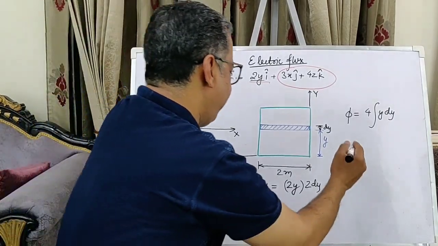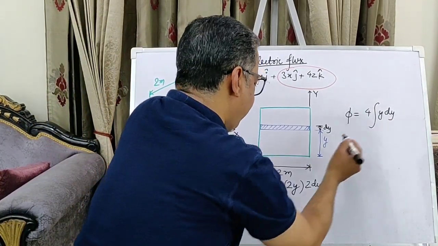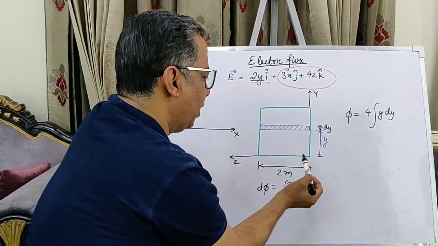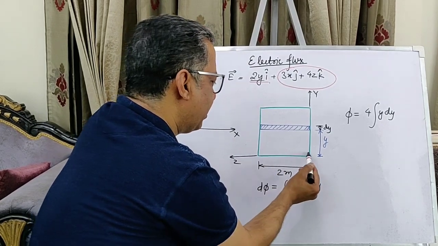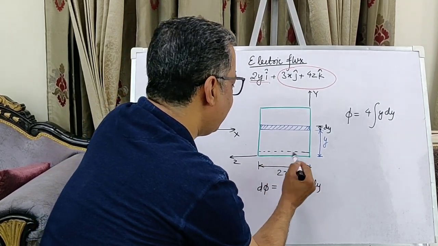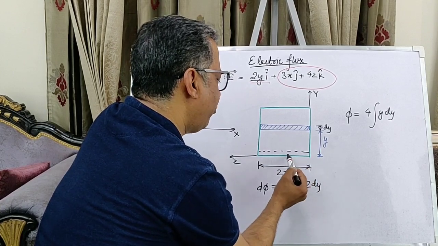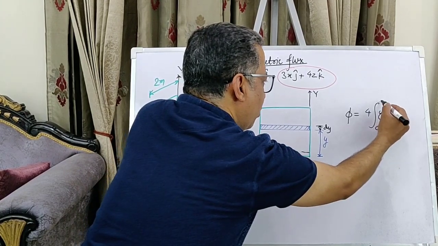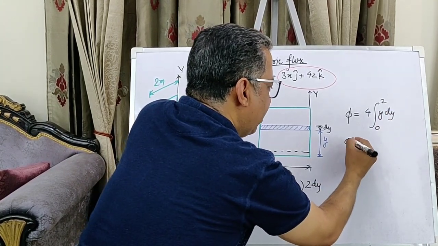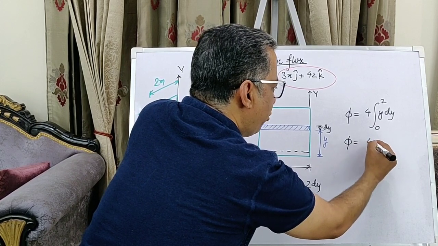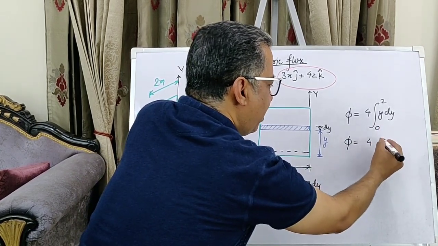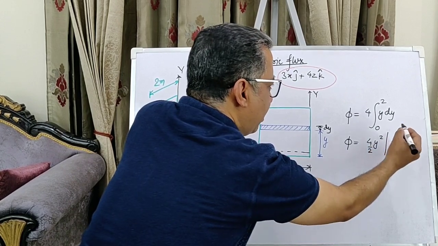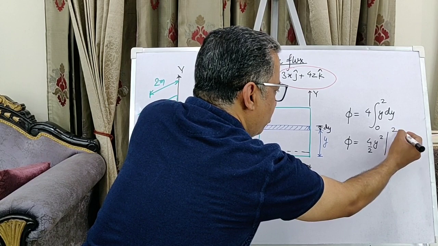Integration of y dy will now be, we are integrating y dy, and we have to integrate for all the elements on this body. The lowermost element here, for this element y is 0, and for the topmost element y will be equal to 2. So from 0 all the way up to 2, and therefore the flux phi will now be 4 times the integral of y dy, which is y square by 2, and the limits of this integration process will be from 0 to 2.